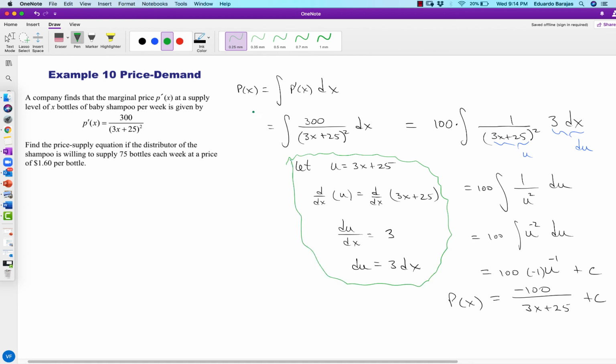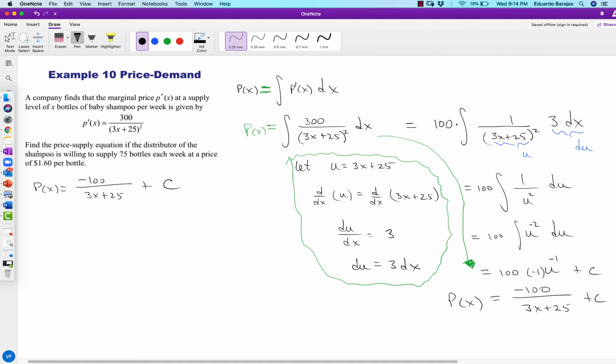So the flow is this: P of x equals this, and it kind of goes this way, and I got lost. Sorry. Be neater in your work. Okay, so we have an equation for P of x. P of x then equals negative 100 divided by (3x plus 25) plus some constant c.